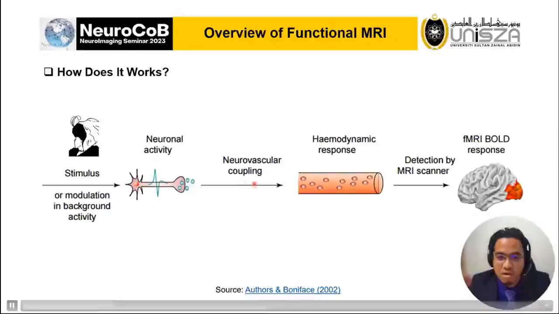As such, more oxygenated blood will flow to that area of the brain in order to fulfill the high cognitive demand. The increased flow of oxygenated blood, or BOLD signal, can be measured using fMRI. However, it is important to note that there is a slight delay between the delivery of stimulus and increased blood flow.